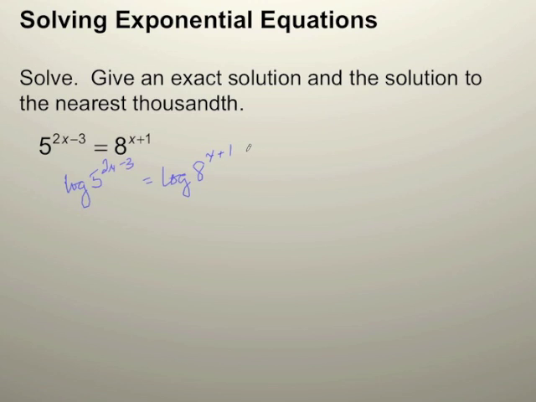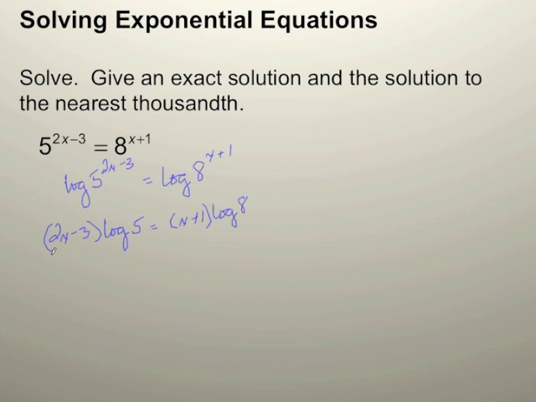Now I use my power rule of exponents, and the 2x minus 3 we pull out in front, and we take that times the log of 5. And we'll have the x plus 1 out in front, and we'll take that times the log of 8.